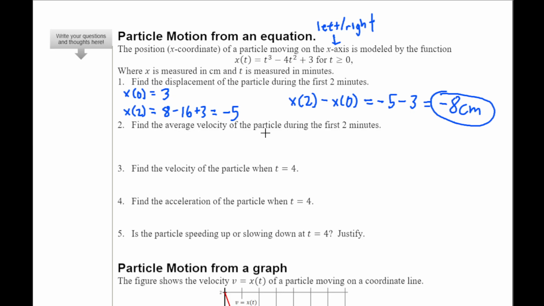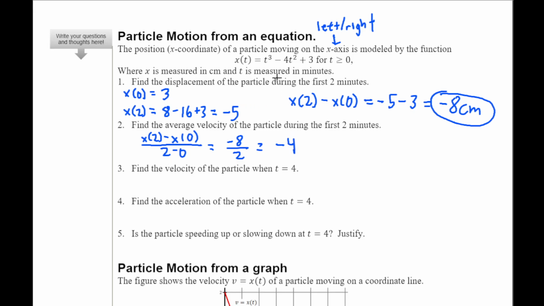Find the average velocity of the particle during the first 2 minutes. Average velocity is the average rate. Think about velocity as rate. So x of 2 minus x of 0 over 2 minus 0. We already had -8 from before, over 2 equals -4.